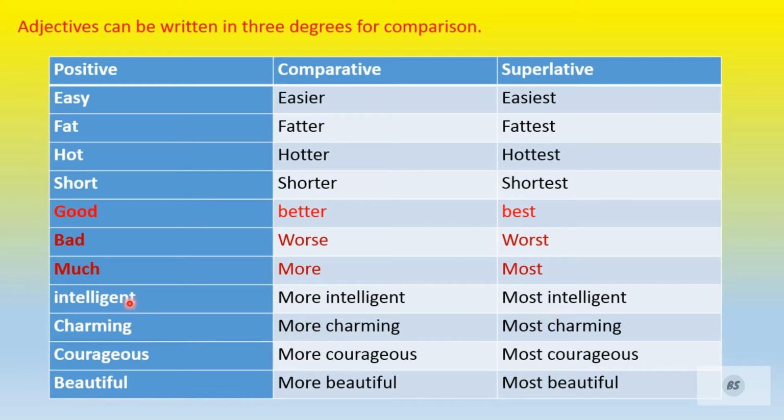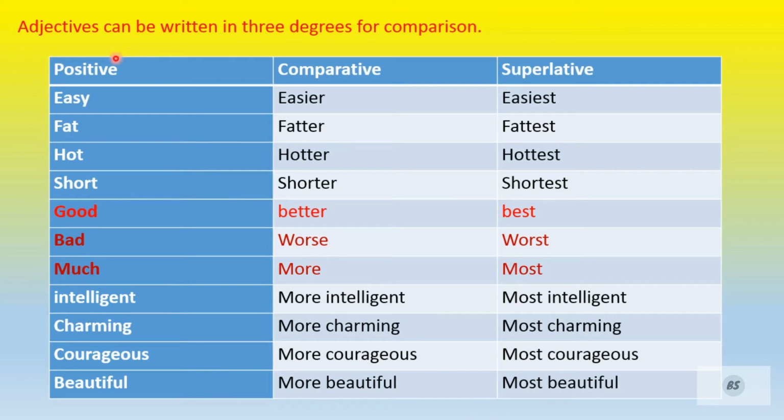Take for an example, intelligent, more intelligent, most intelligent. Charming, more charming, most charming. Courageous, more courageous, most courageous. Beautiful, more beautiful, most beautiful. So we add more or most to convert from positive to comparative and comparative to superlative.